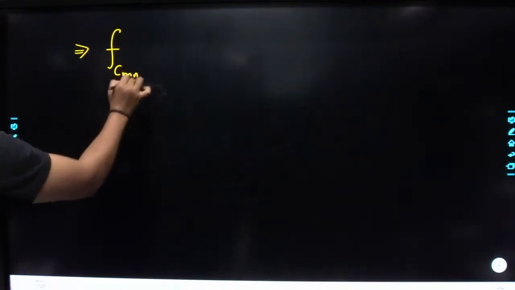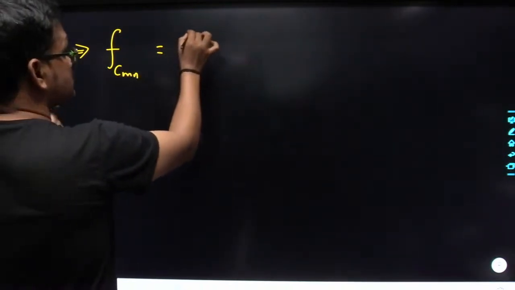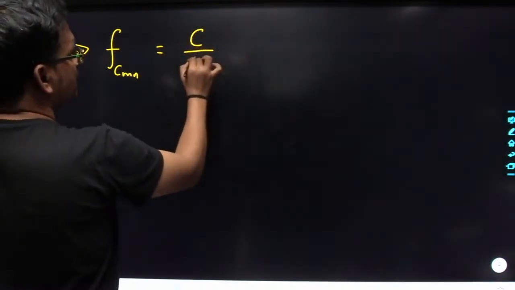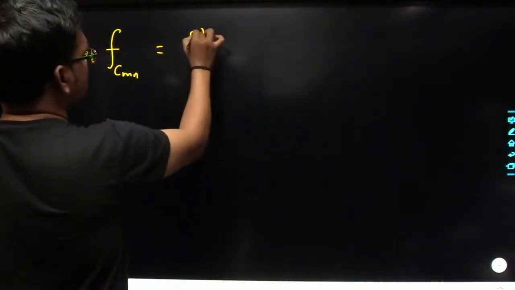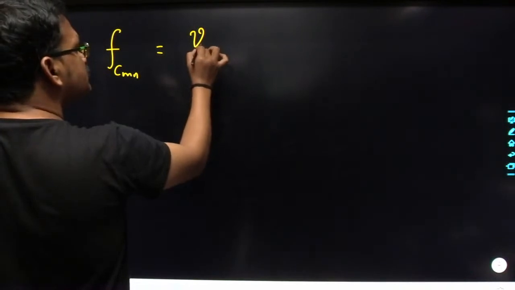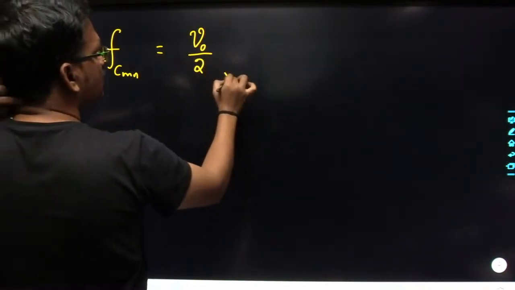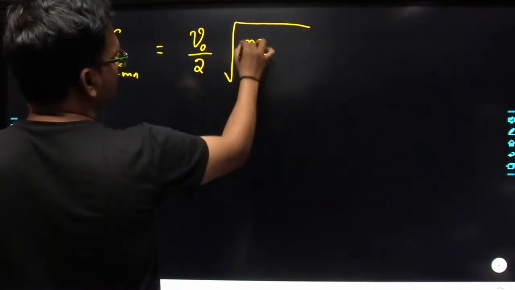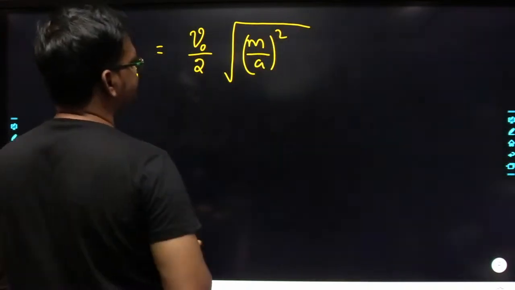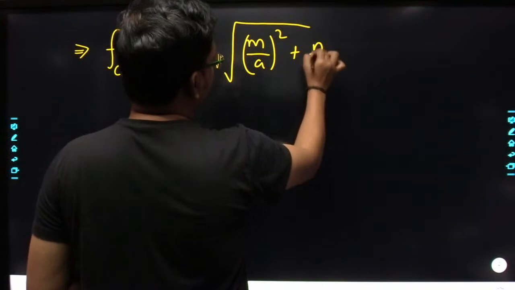That is fcmn, the cutoff frequency, equal to v naught by 2 into square root of (m by a) whole square plus (n by b) whole square.